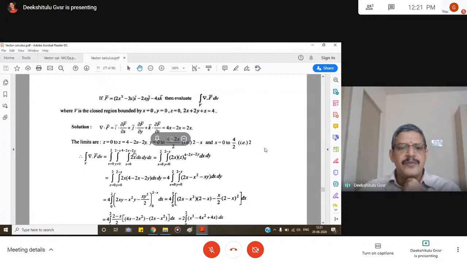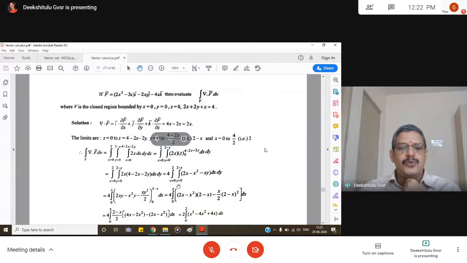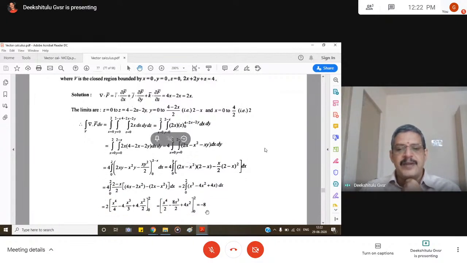Because the limits of the first integral are in terms of x and y, we first integrate with respect to z, as we discussed in multiple integrals. So 2x into the integral of dz is z between the limits. The whole thing is now a function of x and y, and the limits of y are in terms of x, so integrate with respect to y, then substitute the limits of x. The integral is now completely a function of x, integrate between 0 to 2. This is what we get, minus 8.